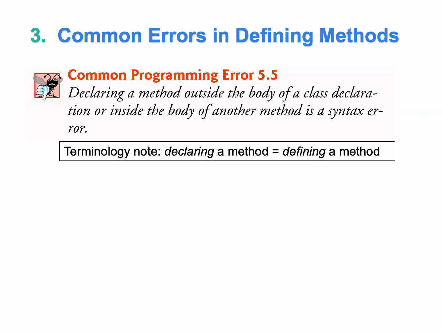There are a couple of common syntax errors in defining methods that I'd like to mention. The first one is declaring or defining a method outside the body of a class declaration or inside the body of another method. By the way, note that some textbook authors use the term declaring a method while others use the term defining a method.